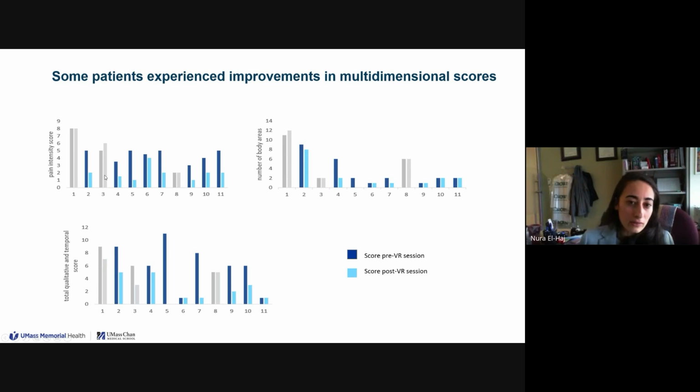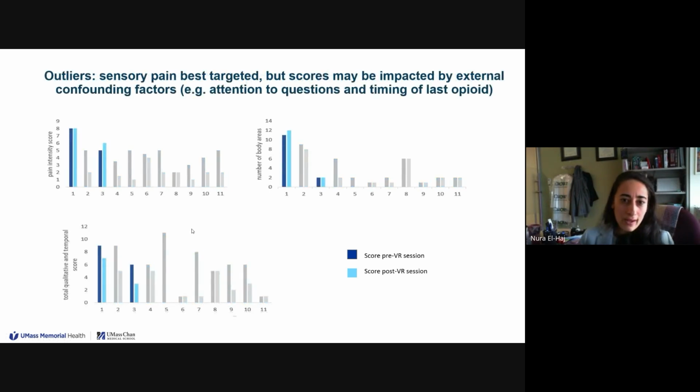That's still a decent number of patients, and the bars show this decrease nicely. There are some other patients that look like outliers, and why did that happen? Obviously these are small numbers, so we're extrapolating a little, but knowing these patients and having further discussions after the session helped us understand.